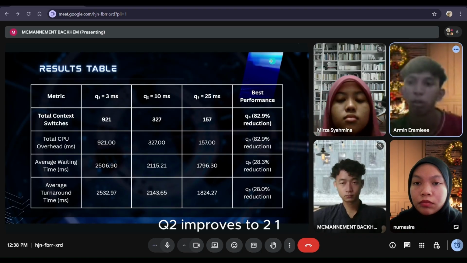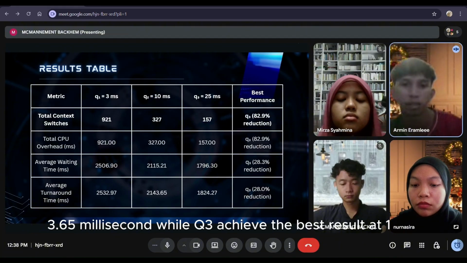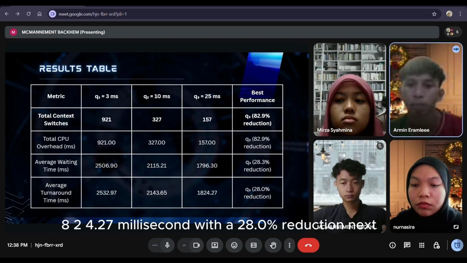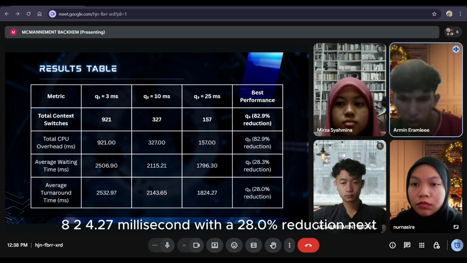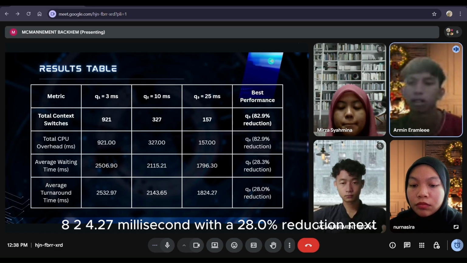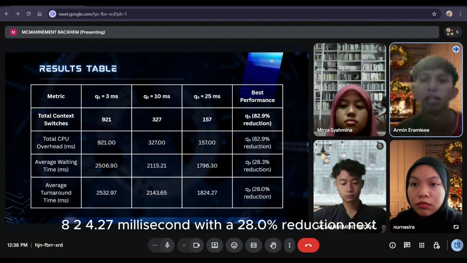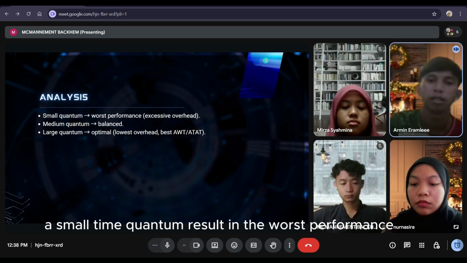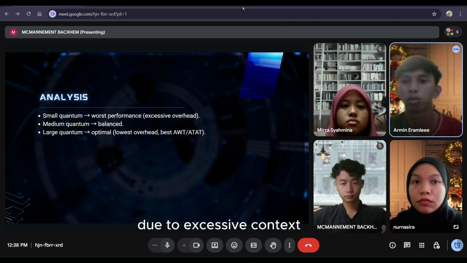Q2 improves to 2143.65 milliseconds, while Q3 achieved the best result at 1824.27 milliseconds with a 28.0% reduction.